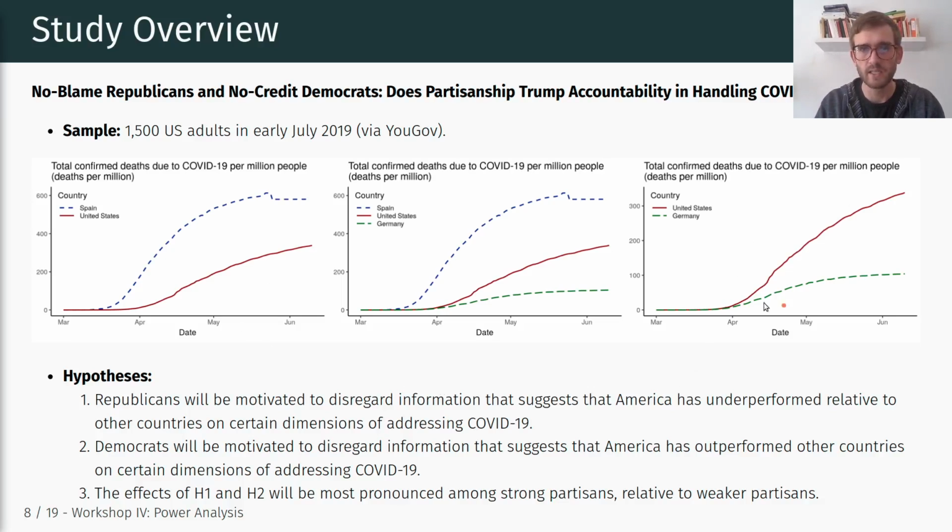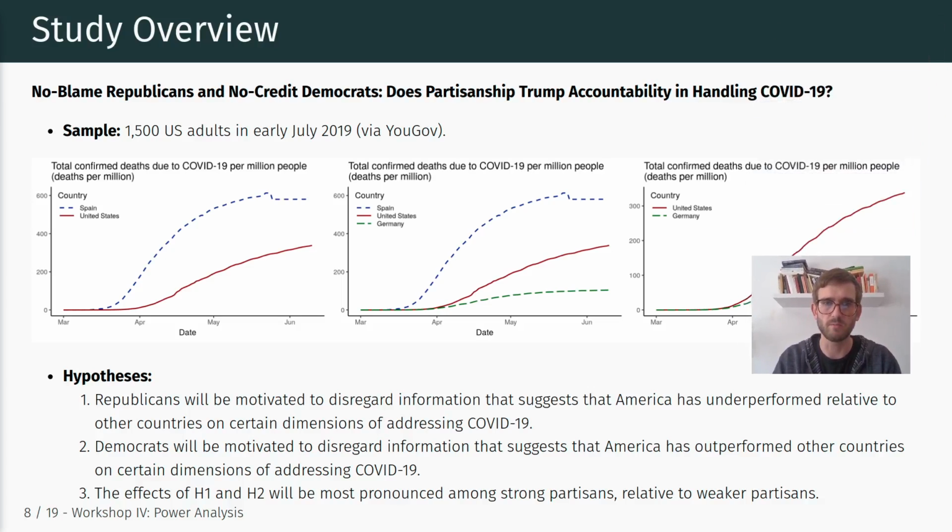On the other hand, the negative framing, so this negative comparison of the US government's performance, should lead to a less favorable rating of the government's handling of the COVID-19 pandemic. But according to hypothesis 1, this should not apply to Republicans. They should disregard that information, right? So basically that's the whole setup of how partisanship interacts with these treatments. Okay.